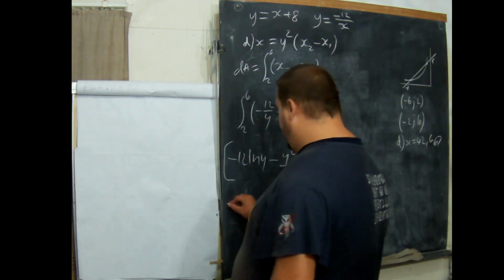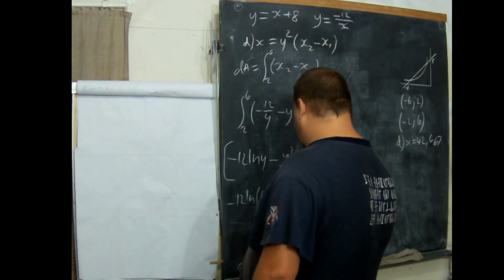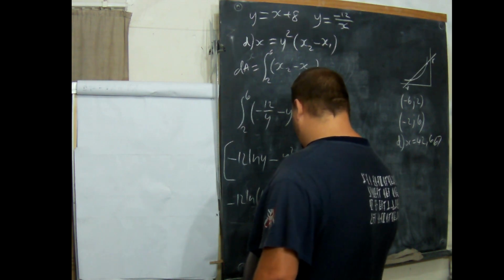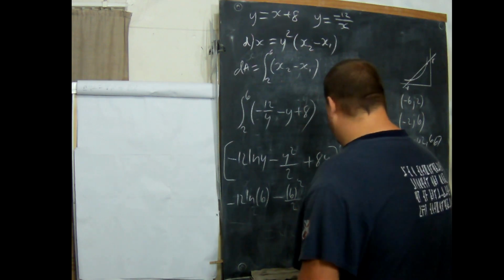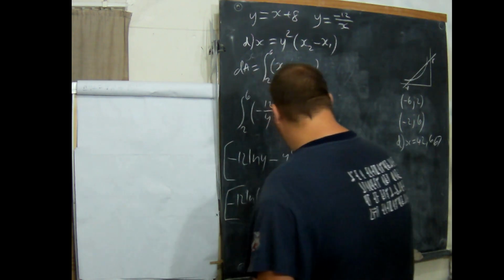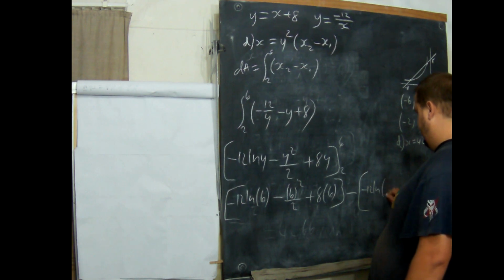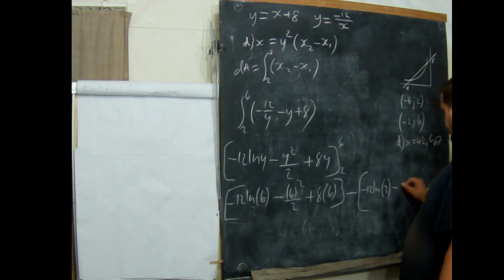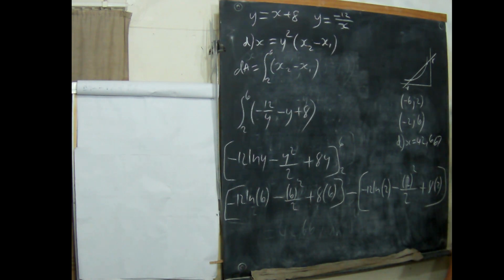Alright, so minus 12 ln 6, minus 6 squared over 2, plus 8 times 6, all in a bracket, minus bracket, minus 12 ln 2, minus 2 squared over 2, plus 8 times 2. Okay.